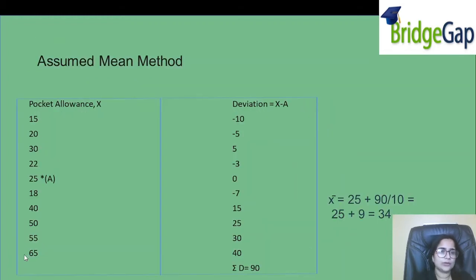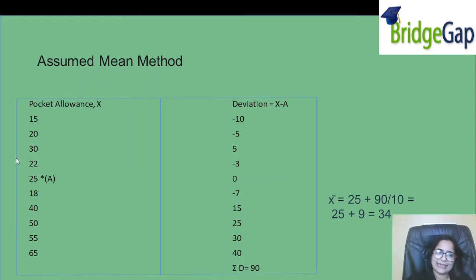Now coming on to the assumed mean method. Here we are given the pocket allowance. I have taken 25 as my assumed mean. You have to randomly select any number from the given series.